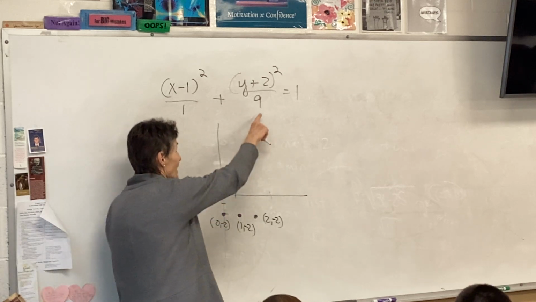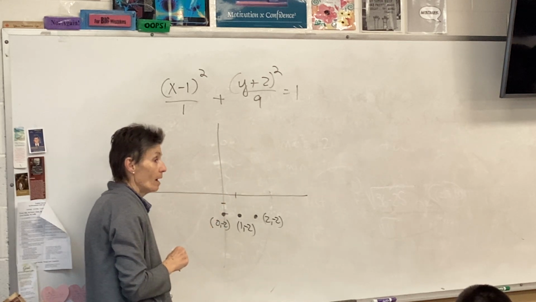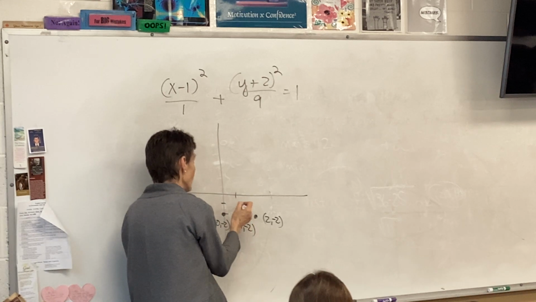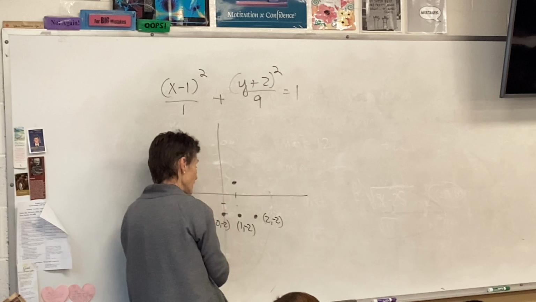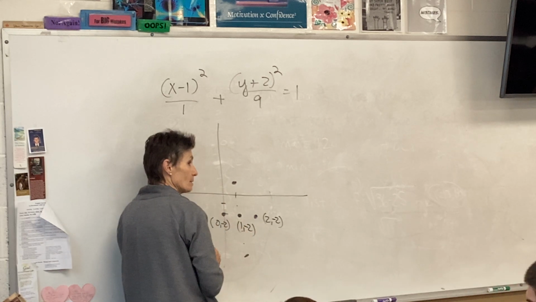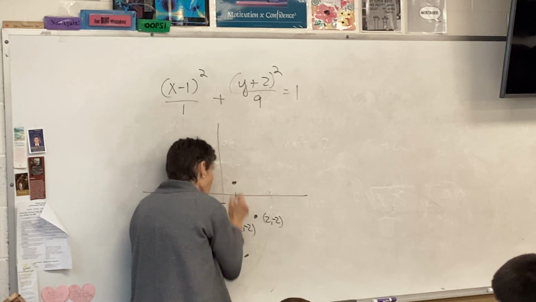Then what does that 9 tell me? Up 3. So put your pencil on your center and count up 1, 2, 3 and put a point. And down 1, 2, 3 and put a point. Now, you are on graph paper.